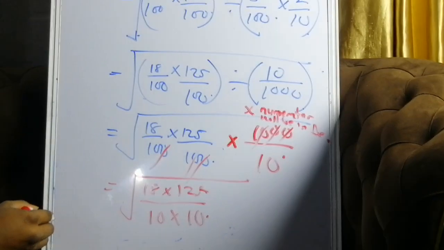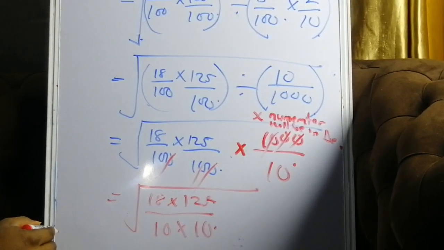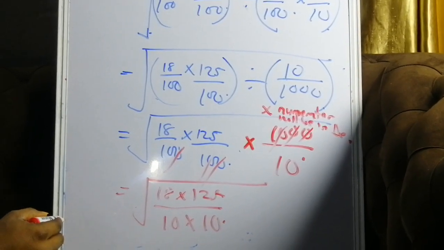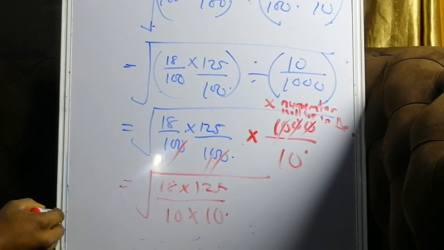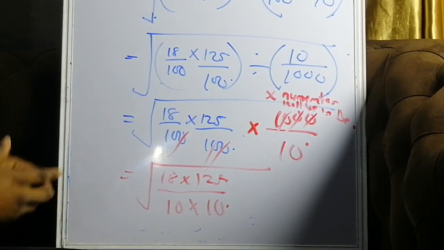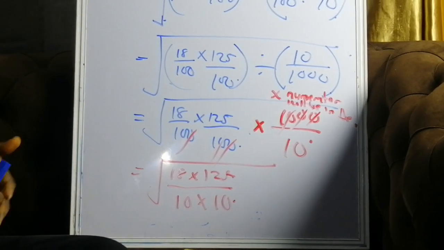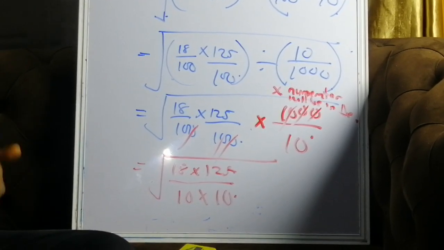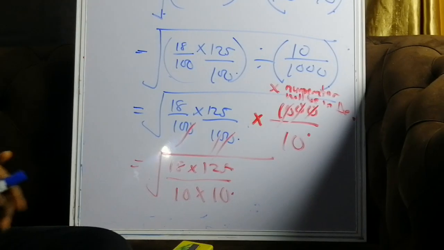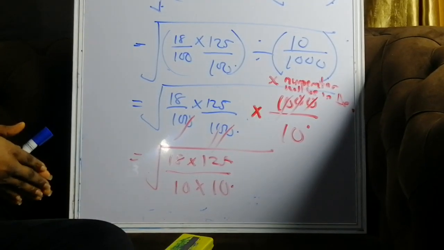Then from here I can now say, oh, fantastic. Then the division law is coming into place. Ordinarily we've been dealing with multiplication law, which has been surfacing all the time. But this time around, division law is also coming into place.